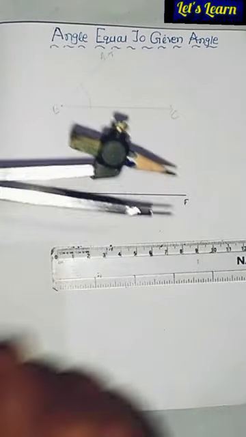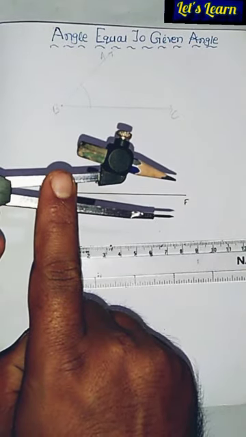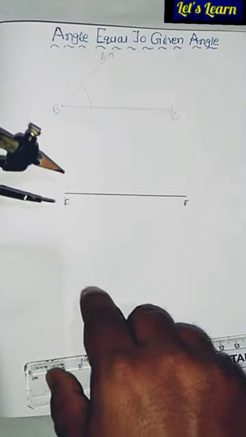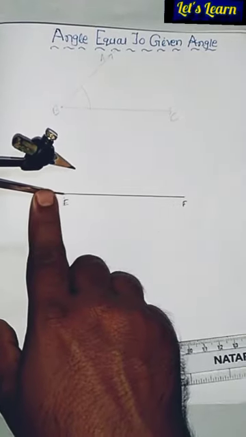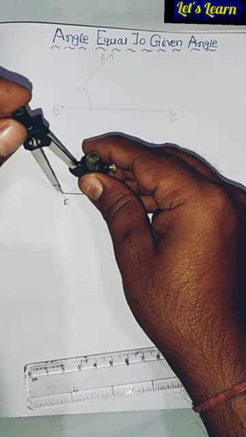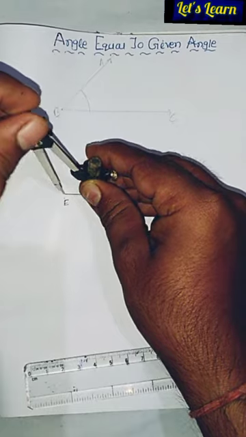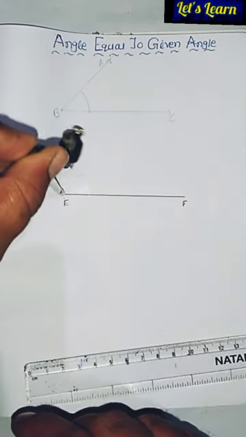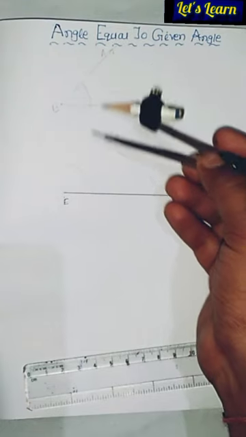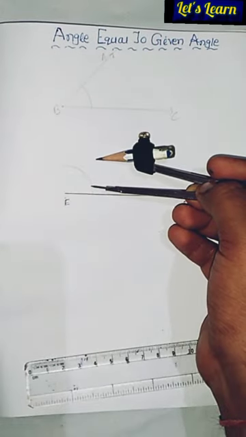Without disturbing or expanding the compass, draw the same arc at E. Same arc. The arc length goes up to here.